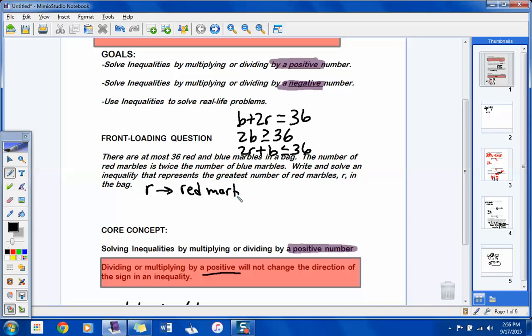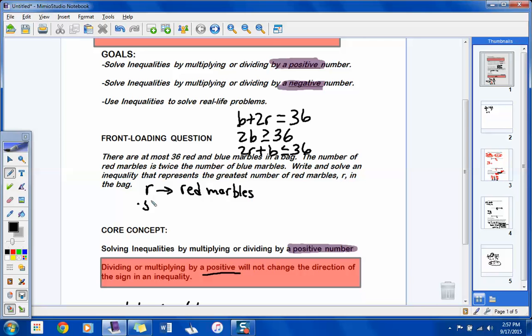Problem said you have twice as many reds as you do blues. Think differently about that. How many blues do I have compared to reds then? Half as much. So if 1R represents all the reds, half of R would represent your blues, wouldn't it?